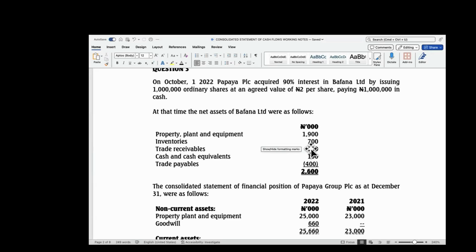The shares, they agreed on 2 naira per share, so that's 2 million naira. Plus the cash payment, they say they are going to pay 1 million in cash. So the total purchase consideration is actually 3 million.